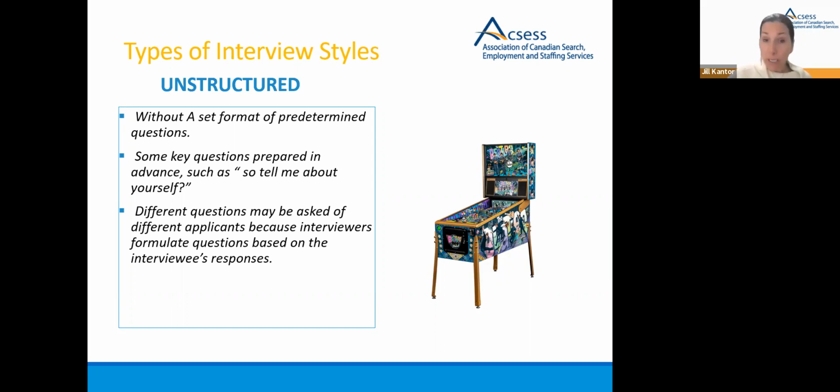That is part of it, but if that's the only way, it's going to cause a reliability issue. The precision of a structured interview is going to give you more reliability versus the unreliability of an unstructured interview.